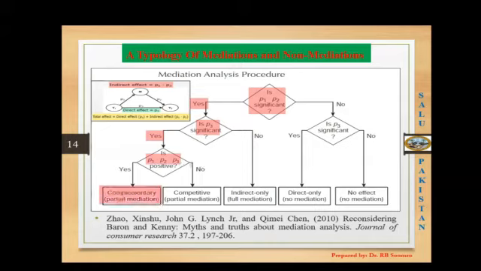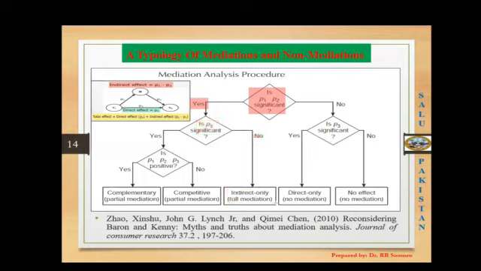And if there is a positive relationship and a negative relationship, then there is competitive partial mediation. Please remember the last slide, the same was there. And if P3 is not significant, it means indirect-only full mediation.